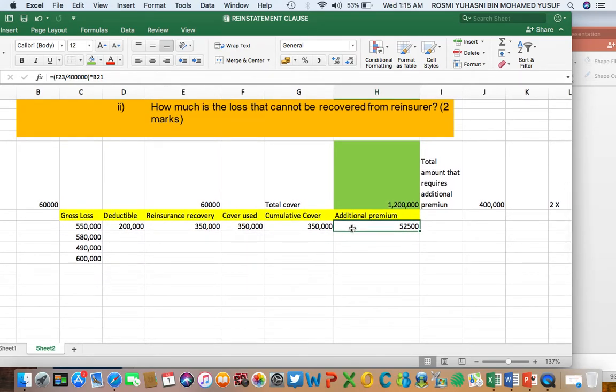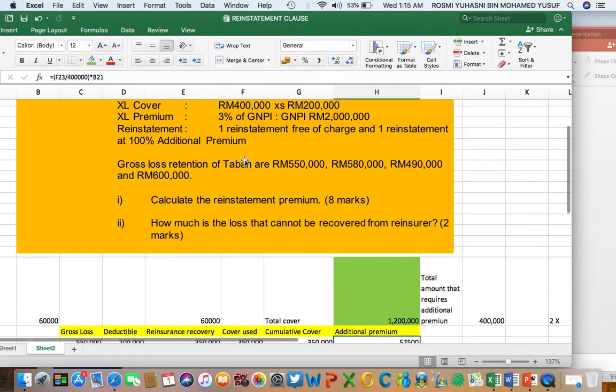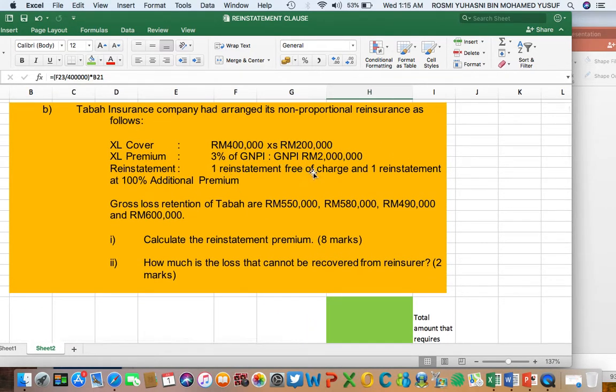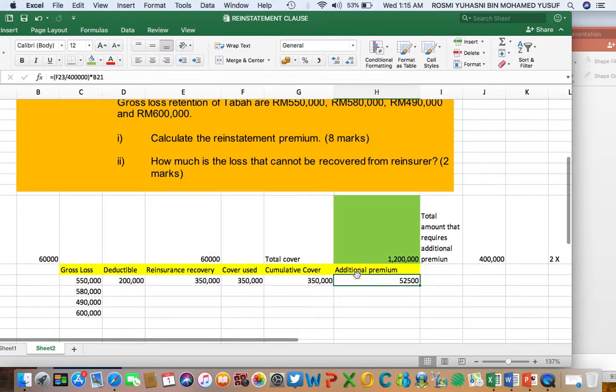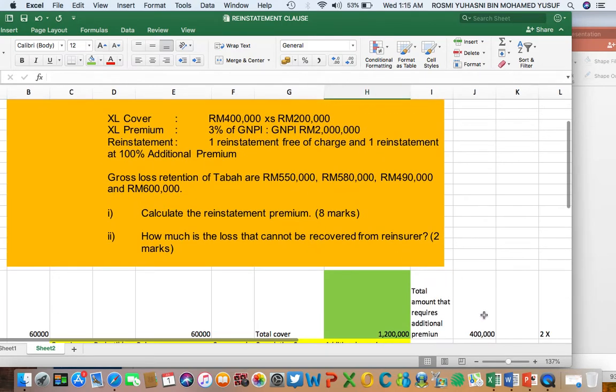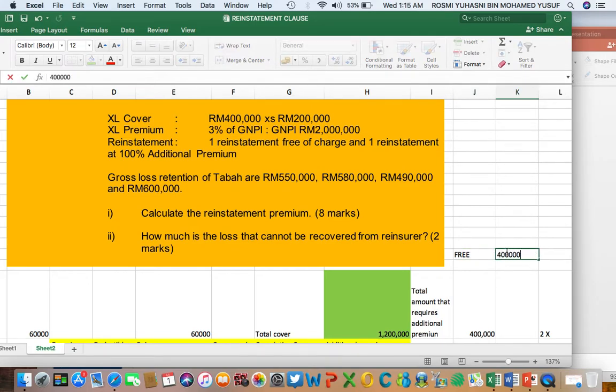Okay, before that, it mentions here that reinstatement is free of charge for the first 400,000 and they will have to pay additional premium for the next reinstatement. So this is the first reinstatement, they are not supposed to pay additional premium because it is free. So you don't have to calculate additional premium. Remember, free up to 400,000.